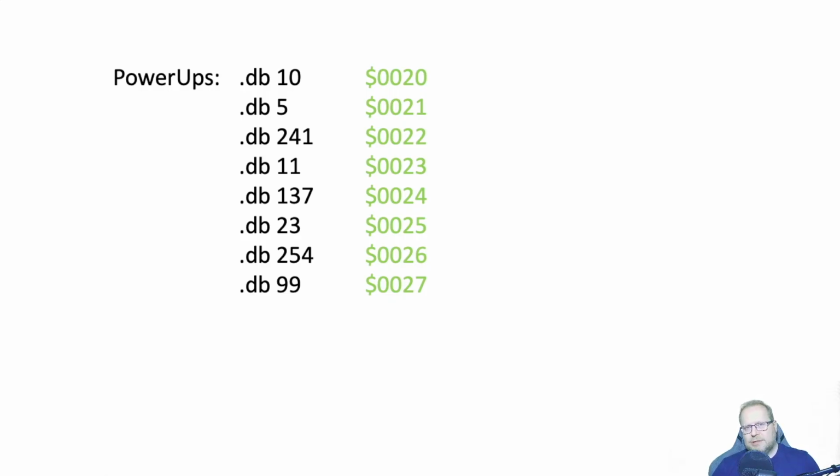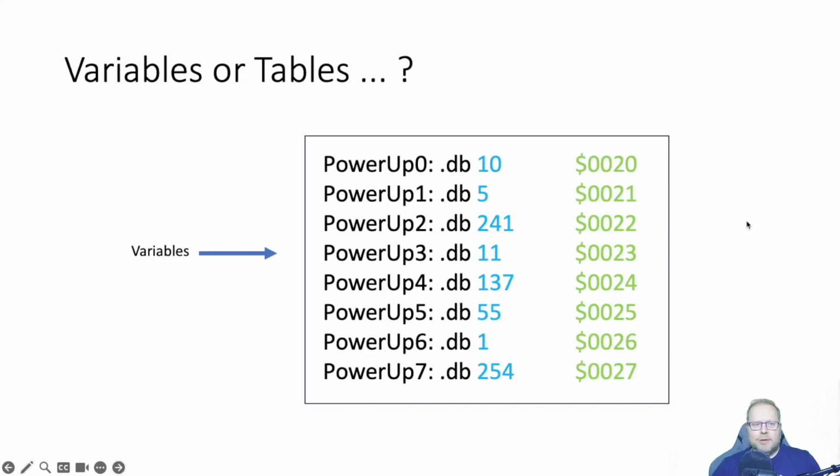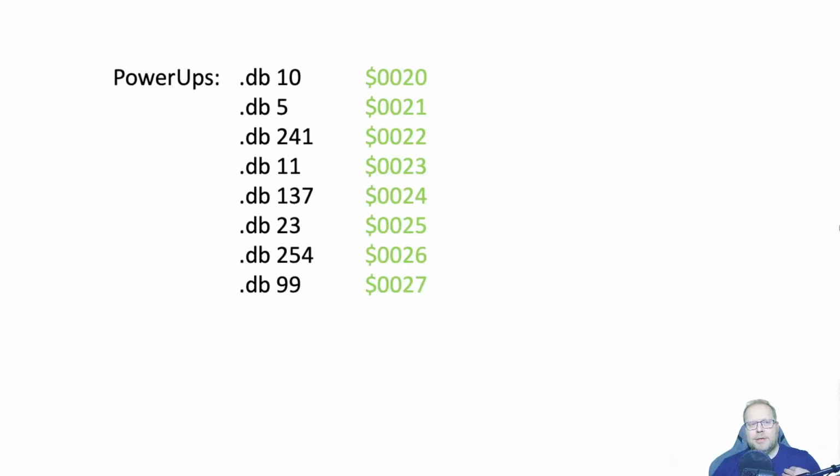So this is to make it easier for us as programmers. I could make a bunch of variables, but to me as a programmer, it makes much more sense to have one table called power-ups. It has 8 entries, and I'm going to keep track of my power-ups that way.